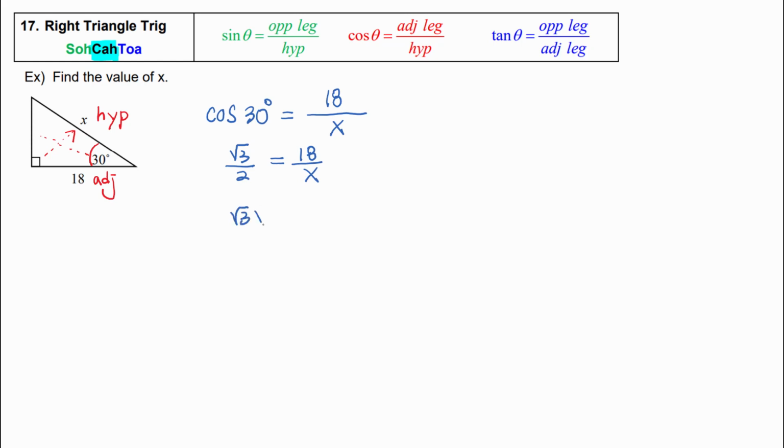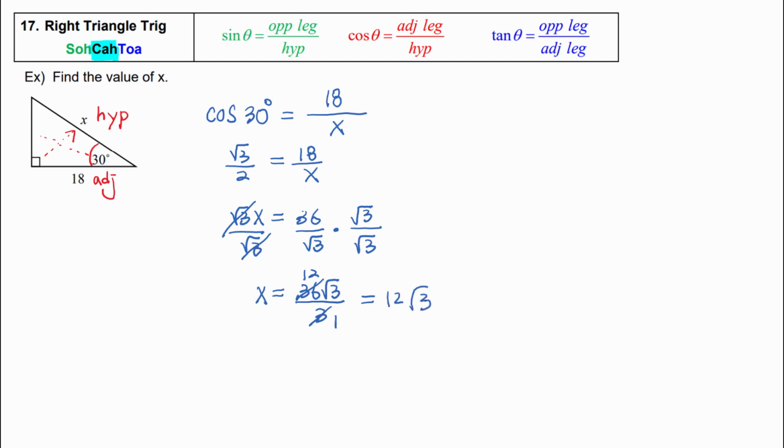So you get radical 3 x equals 36, so x equals 36 divided by radical 3. I'm going to rationalize this answer, so I'm going to multiply by radical 3 over radical 3. Then that's going to give me x equals 36 radical 3 over 3. 3 goes into 3 once, 3 goes into 36 twelve times. So my x is 12 radical 3.